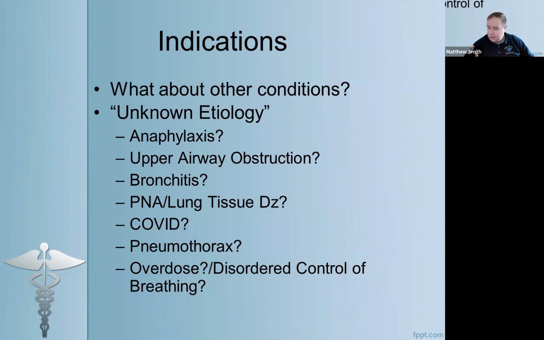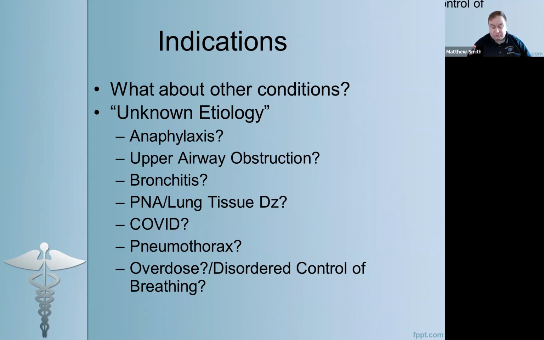When we talk about upper airway obstruction, we're talking about epiglottitis, or croup, which is laryngotracheitis, right? So it's inflammation of the larynx and the trachea. The larynx and the trachea are hard cartilage rings. They're not prone to expanding elastically, right?